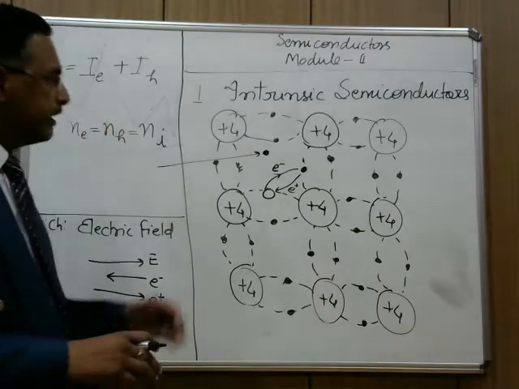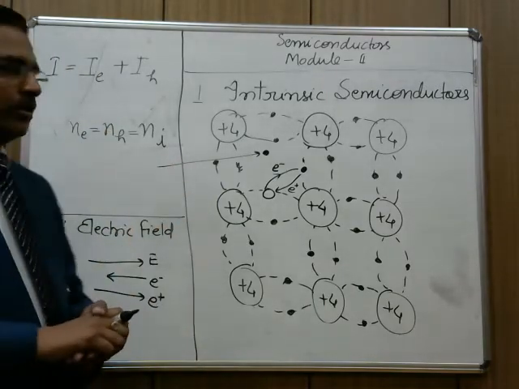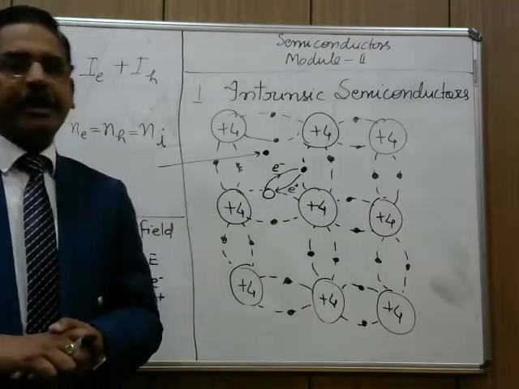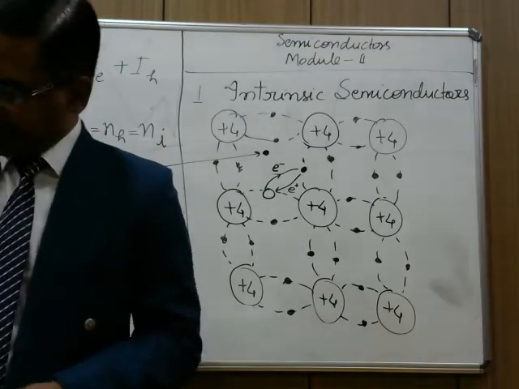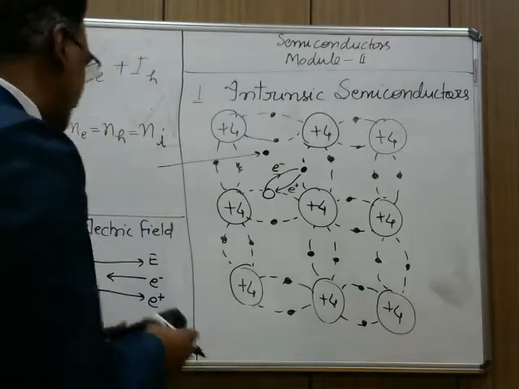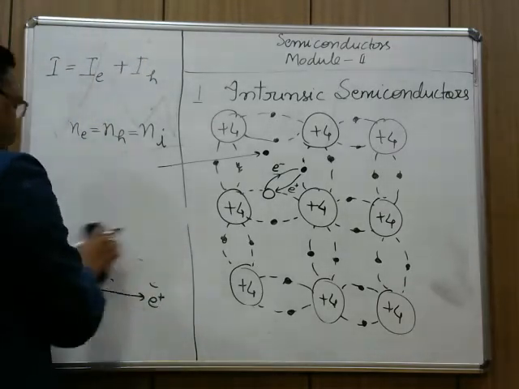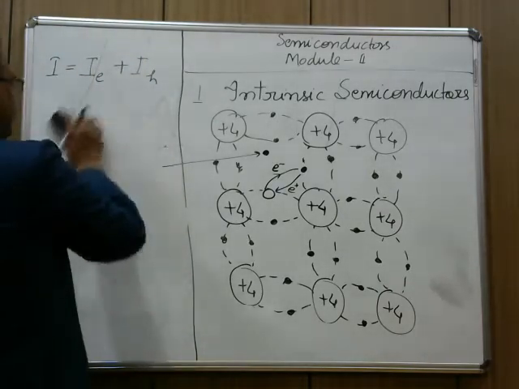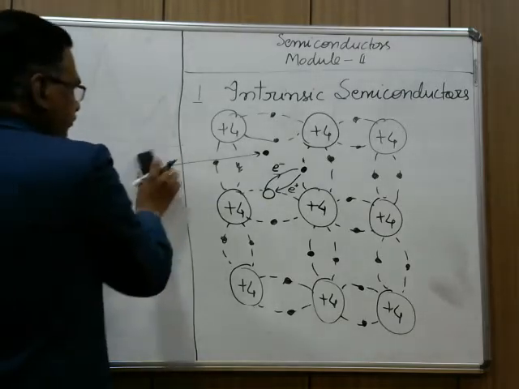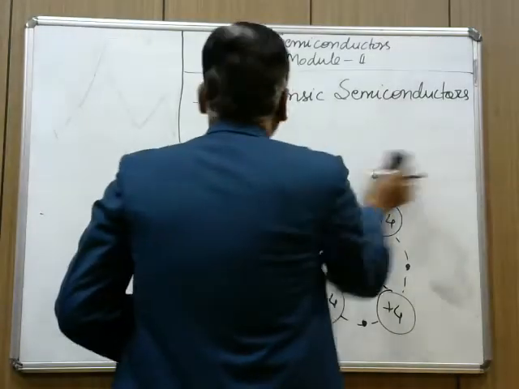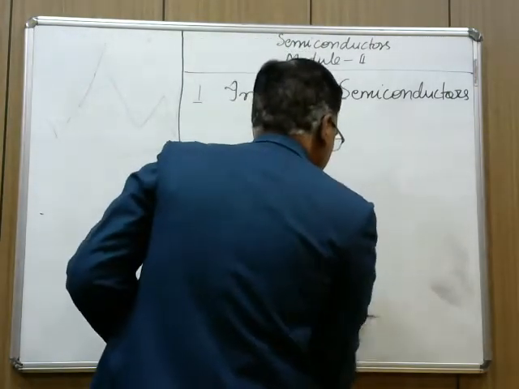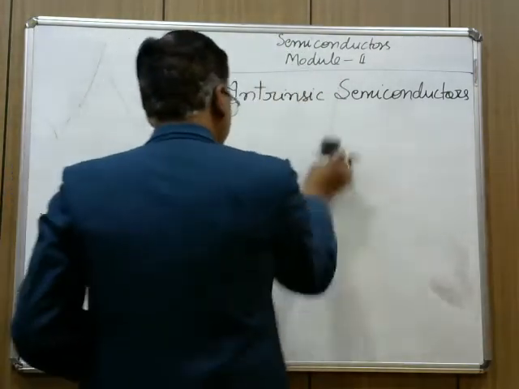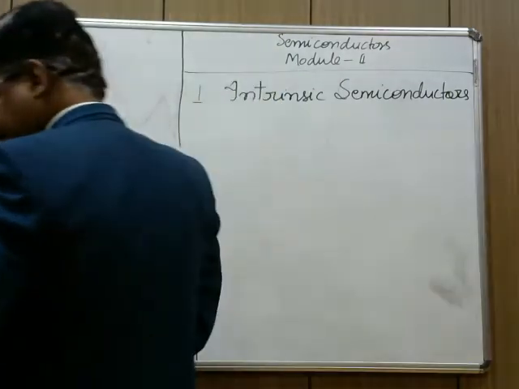So this is all about how semiconductors conduct electricity. Now, on the basis of the energy band diagram, we need to understand it. When the covalent bonds were not broken, electrons were not freed.